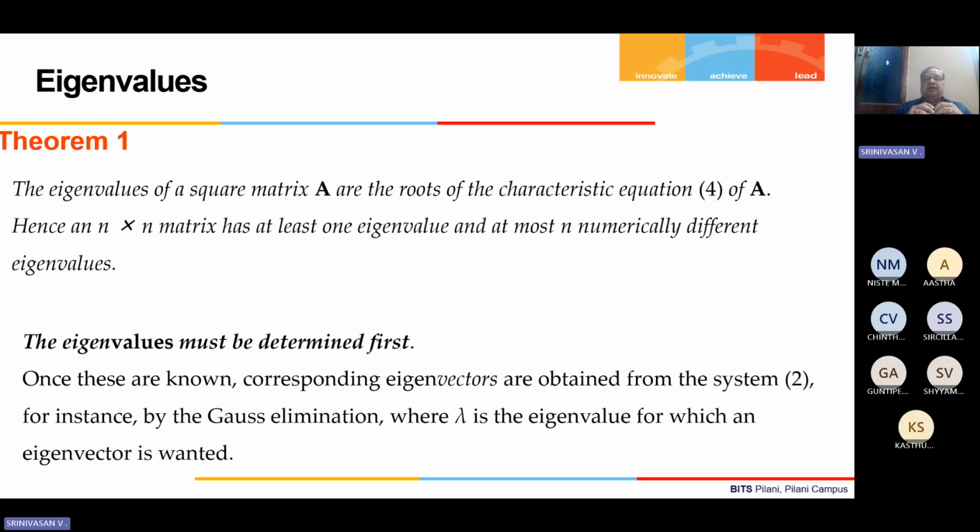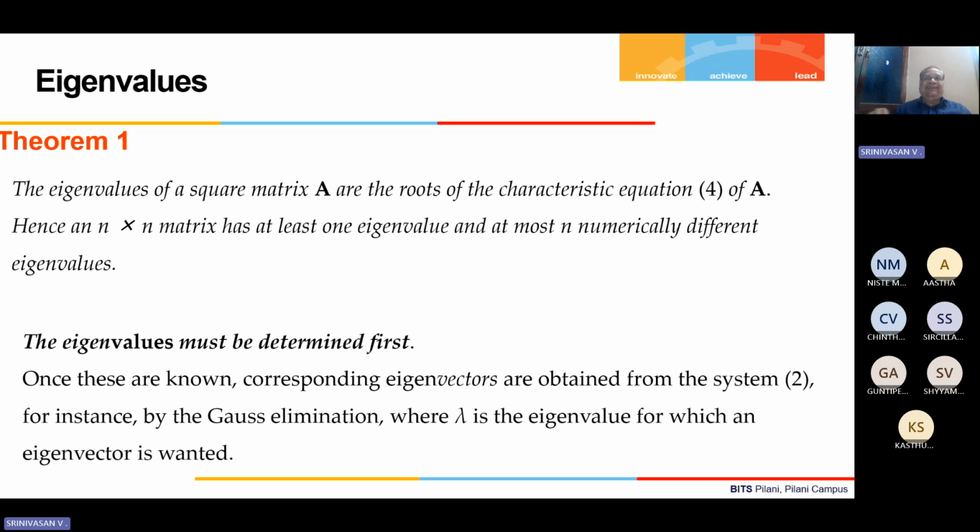So what is important now? Practically speaking, given A, find straight away the determinant of A minus lambda I equal to 0. What do you mean by A minus lambda I? The principal diagonal elements will have minus lambda, unknown as of now, with A11, A22, A33 and so on available in your question, and the other elements will be as they are.